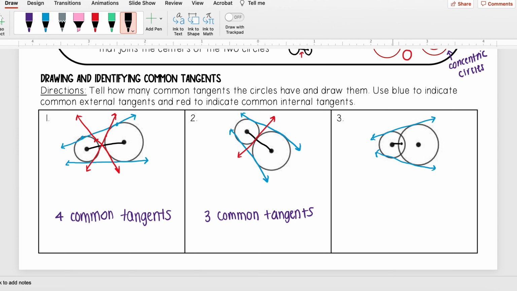And so when I draw this line that connects my 2 centers, I can't say that this is a common internal tangent because it's intersecting both circles at 2 points. So that's actually not a tangent line. So this one actually doesn't have any internal common tangents, just the 2 external. So in total, there's only 2 common tangents for this one.